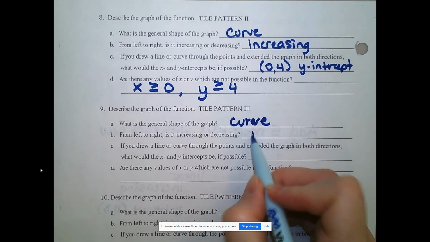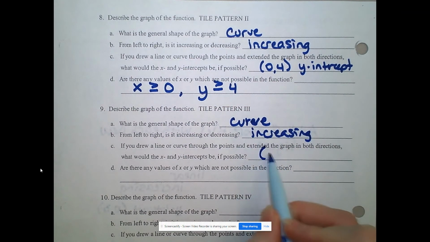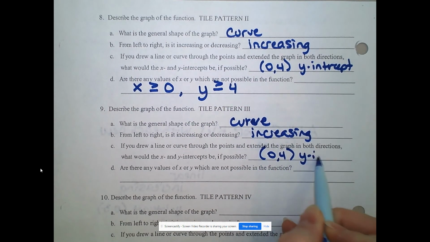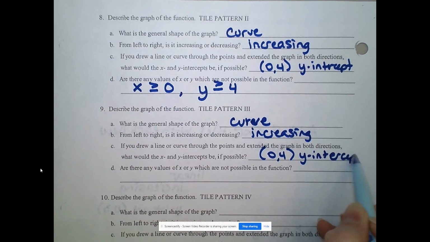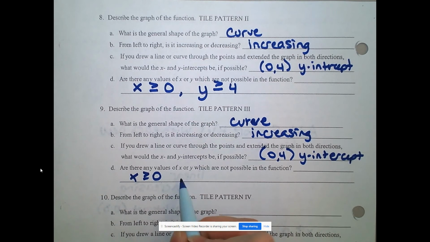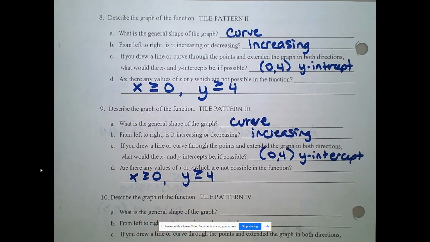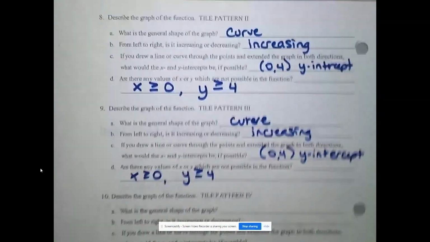We said it was increasing. And 0, 4 is the y-intercept. And x had to be greater than or equal to 0, and y had to be greater than or equal to 4. So kind of funny that they are 2 very different tile patterns, once you get into them, but they have the same set of general descriptors.